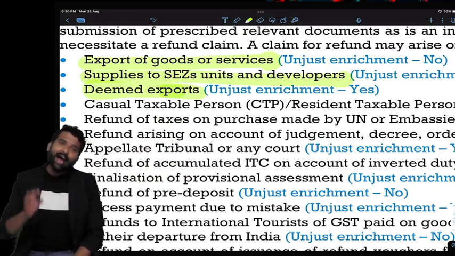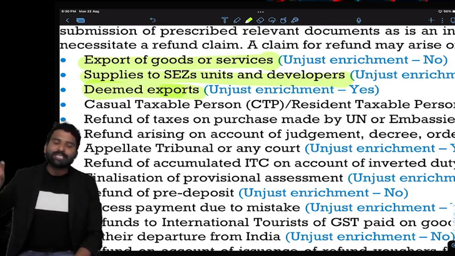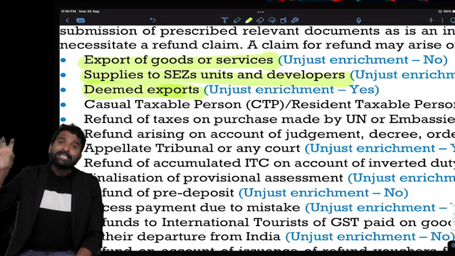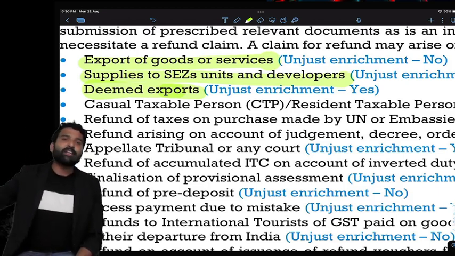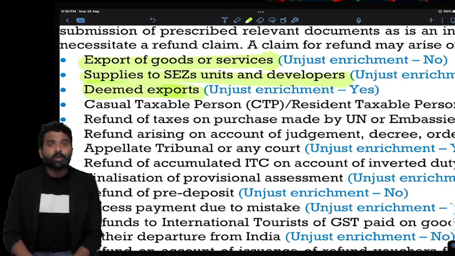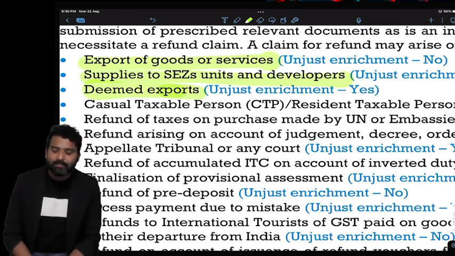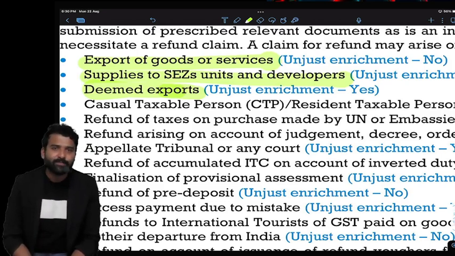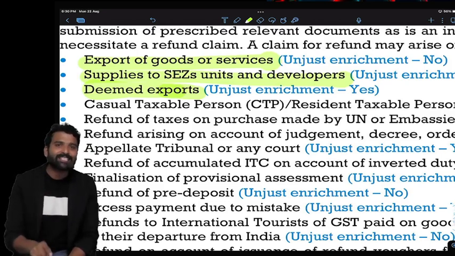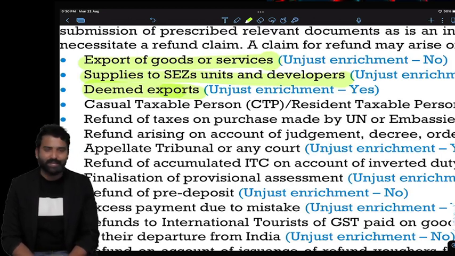I can charge IGST or CGST, SGST when I am preparing the invoice. The GST Act will allow even the EOU to claim the refund of the tax paid. So if I charge the GST in my invoice and EOU is claiming the refund, how can I claim the refund? And that's why they are asking us to prove unjust enrichment.